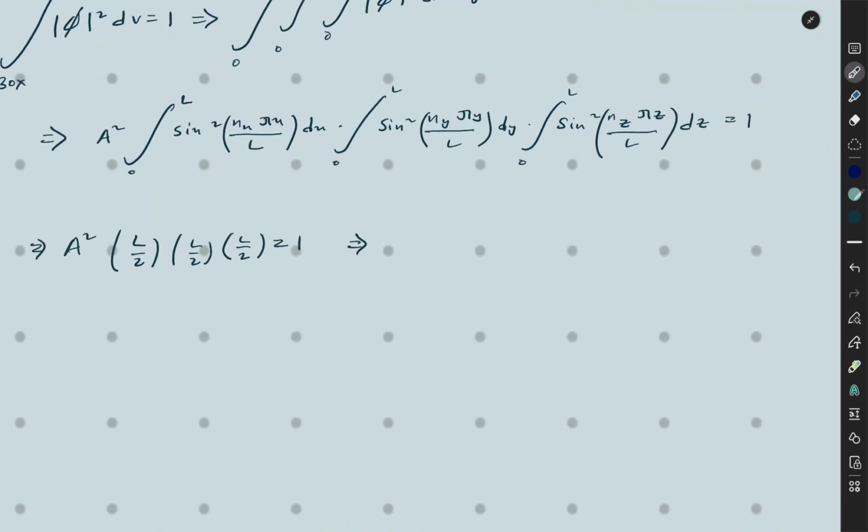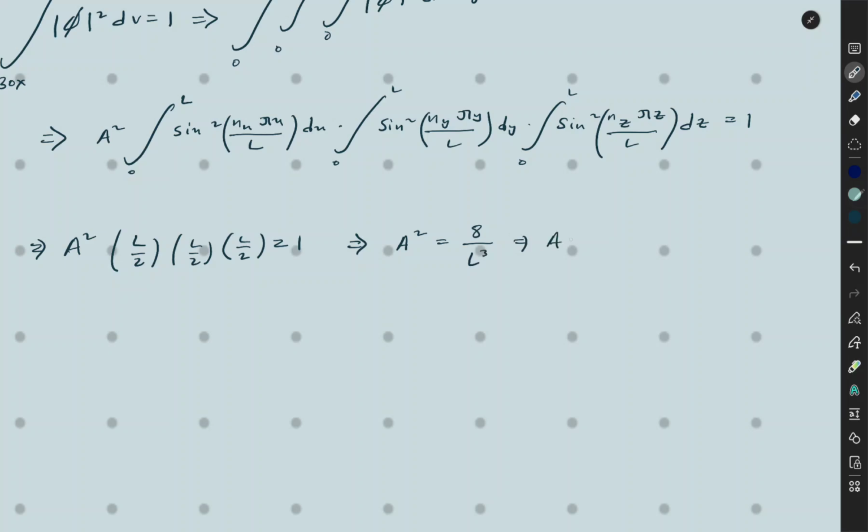So now we can say that A square equal to 8 by L cube.